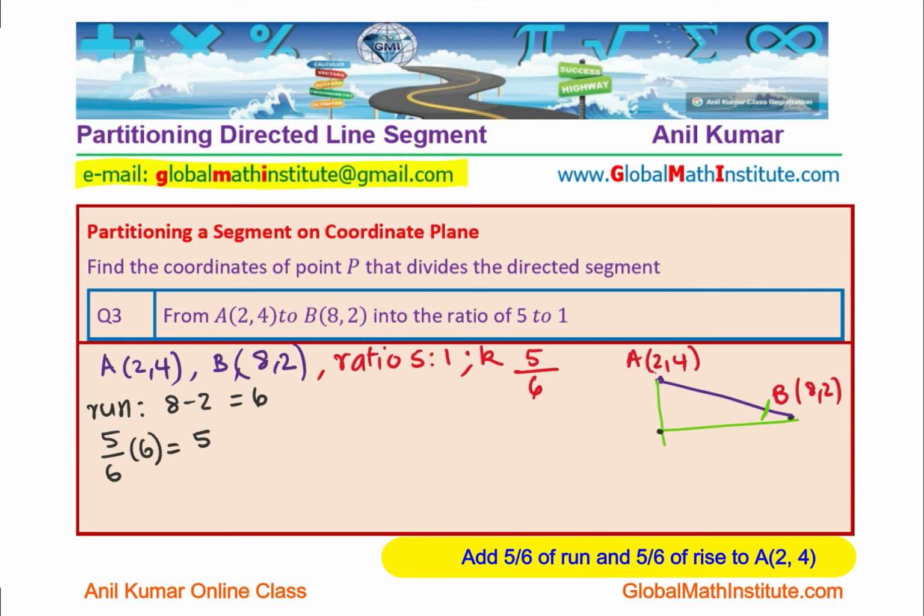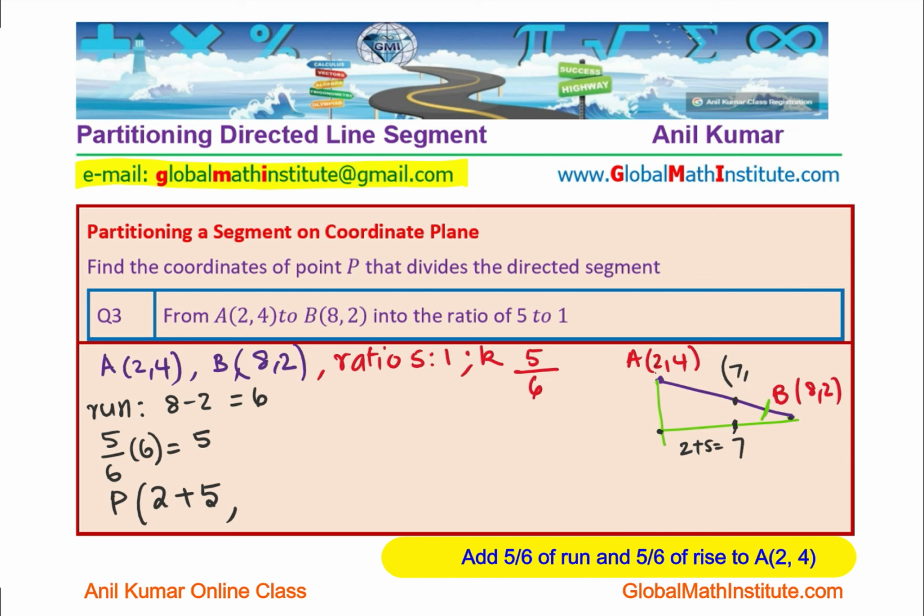So the x value of P will be 2 plus 5. You get the idea? So the point P, we have already got the value for P, which is going to be from 2, 5 units to the right, right? So 2 plus 5, which is 7.